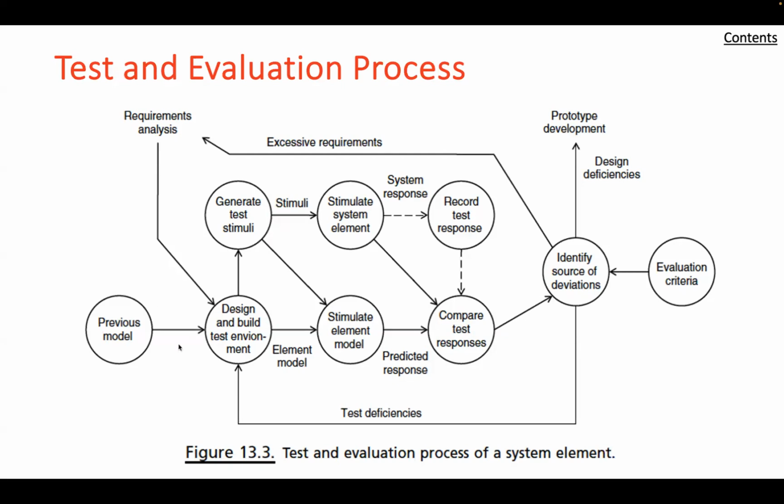So we get a chance to be walking through some of these details as we're considering this. The test stimuli activate the system element under test and are also used by the mathematical or physical model of the system elements to create a corresponding set of predicted outputs for comparison with the actual test output.